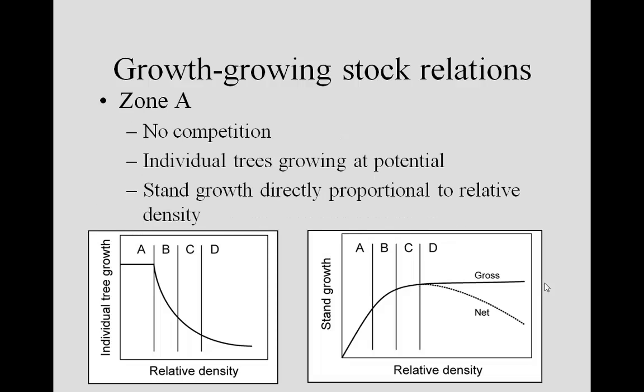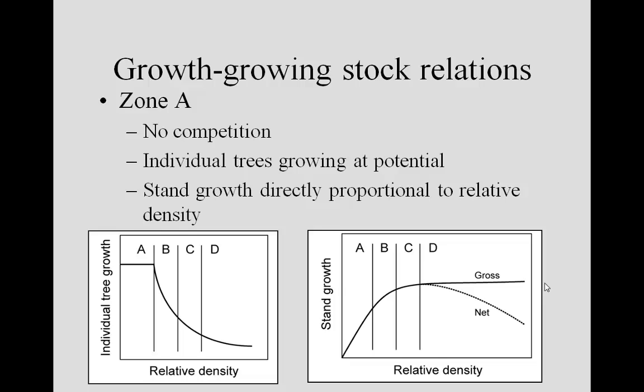Okay, now we're going to set this up. I'd like you to think about a planting trial. So we've got a bunch of land. It's all bare ground and completely uniform in terms of site quality, so very homogeneous.